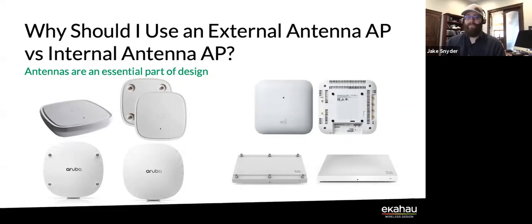That's where external antenna APs come in. It also gives us a tremendous amount of flexibility in picking the right antenna for the right environment. As you want Wi-Fi to get better and better, the tools that get you there are typically RF related, and that comes down to antennas.